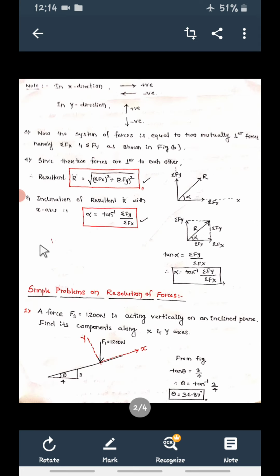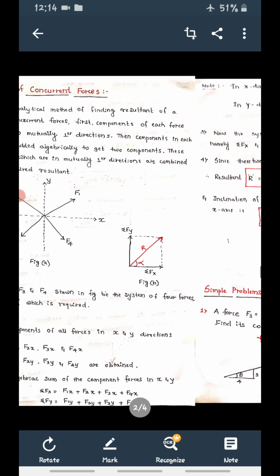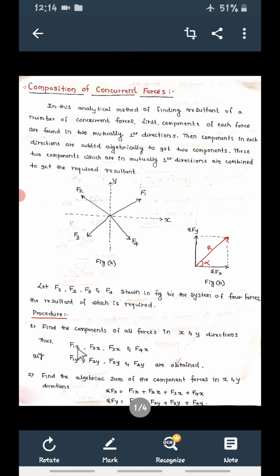Now, while resolving these forces, while finding out the summation Fx, you are writing F1x, F2x, F3x, F4x. So see the direction.